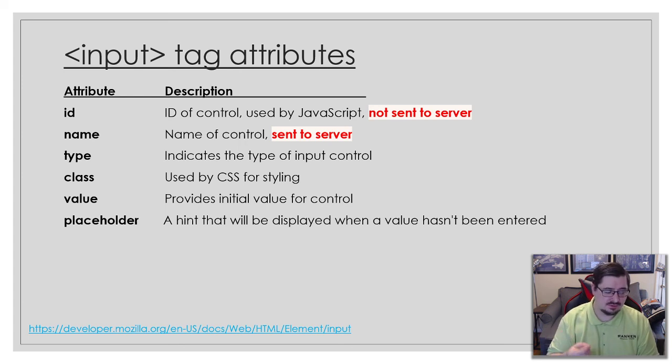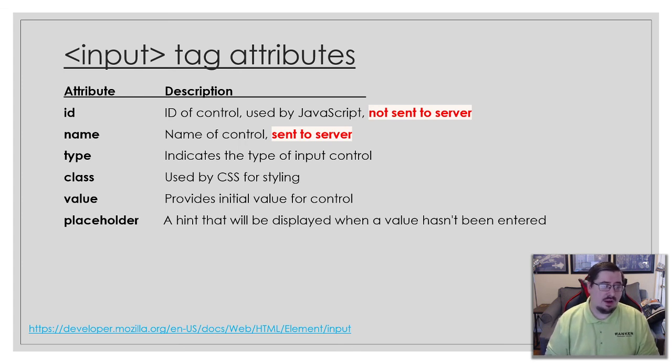You can't have two things with the same ID, but you can have multiple things with the same name, and that's actually really common to have more than one thing with the same name. There are some cases where you have to do it that way. Third property that's used a lot is going to be the type, and the type tells you what kind of input control it is, and there's a whole long list of different input types. We'll talk about that in a minute.